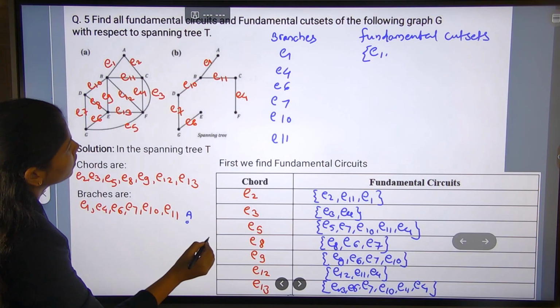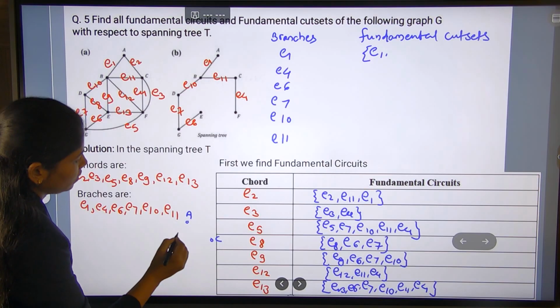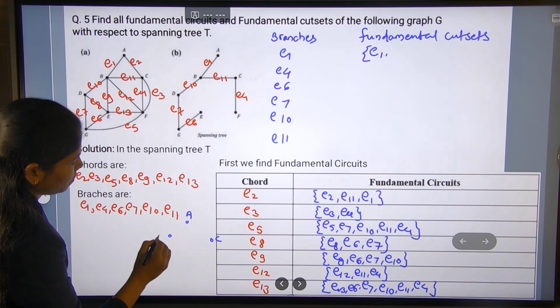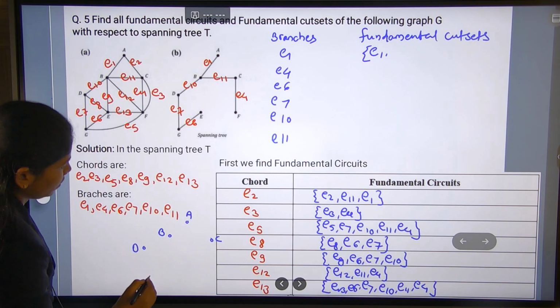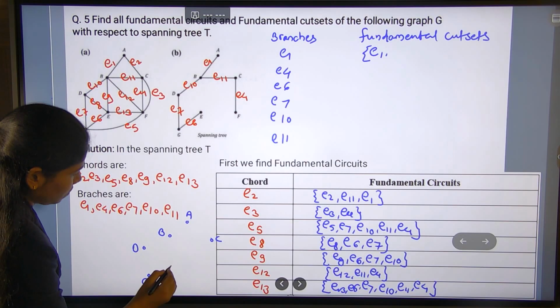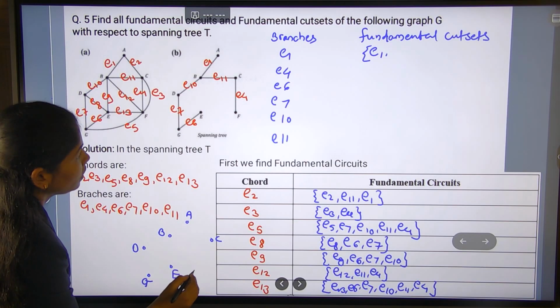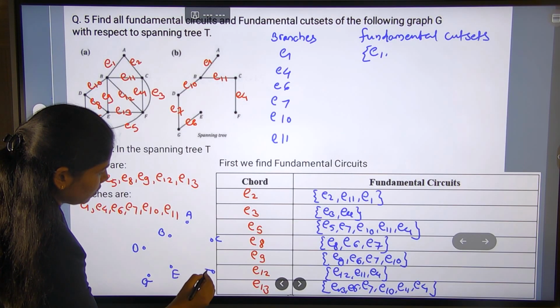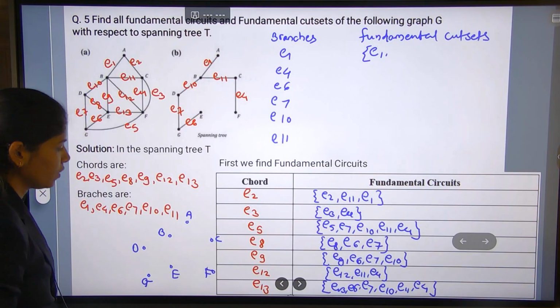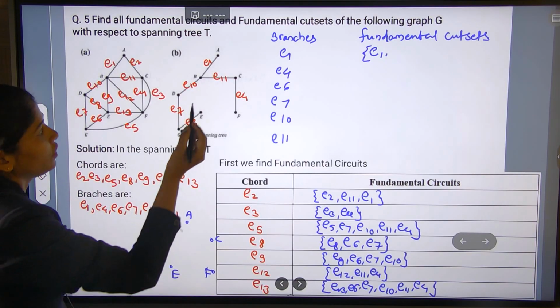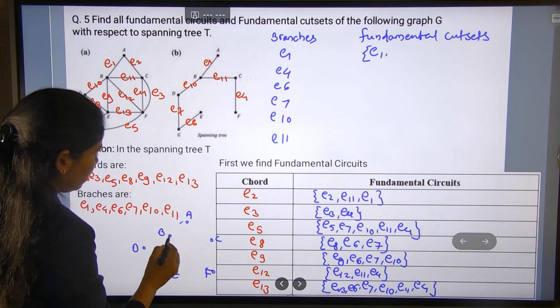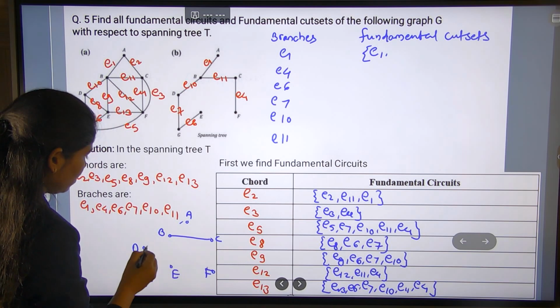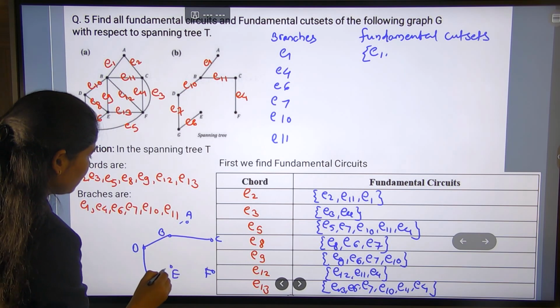A, C, B, D, G, E and F. So if you remove the edge E1, we get the spanning tree like this.